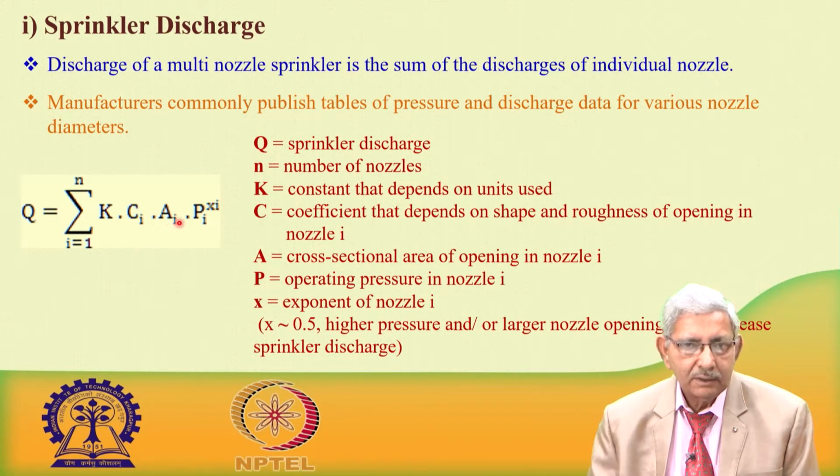Here, i is the number of sprinkler nozzles or sprinkler heads, which varies from 1 to n.